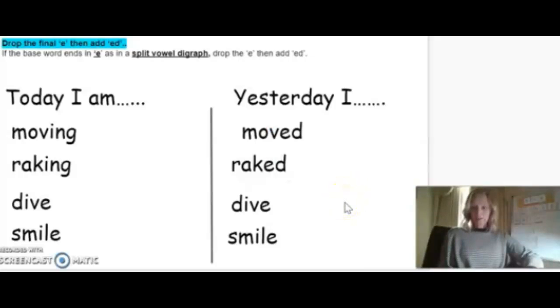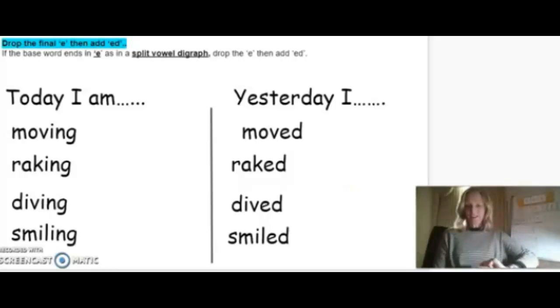Let me quickly zoom through and do the rest. And there you go, just like magic, they're all done. Today I am diving. Yesterday I dived. Today I am smiling. Yesterday I smiled. And it was the same rule for dive and smile. I dropped the E and then I added the suffix ing or ed.